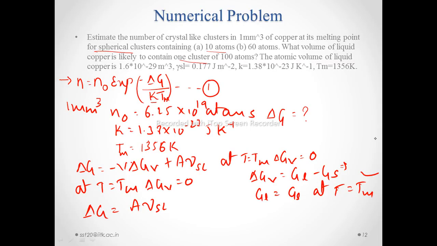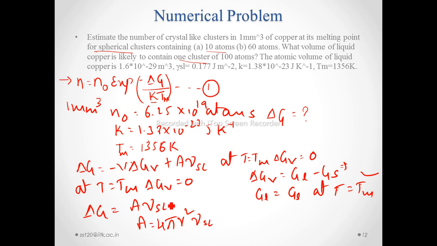I will add one more white screen. Okay. As we know, for a sphere the surface area A is 4 pi r square, into gamma of SL, right?